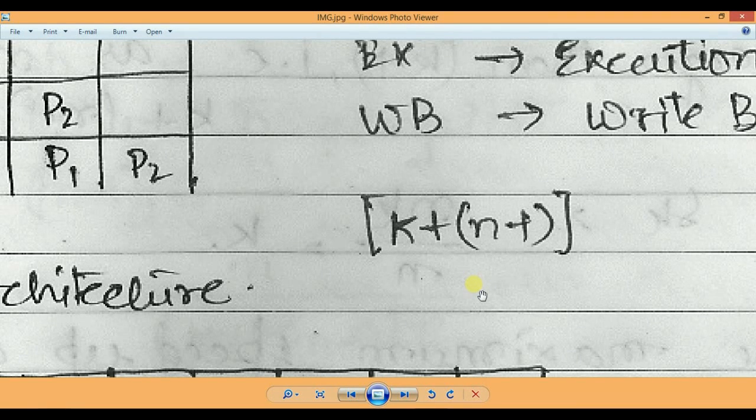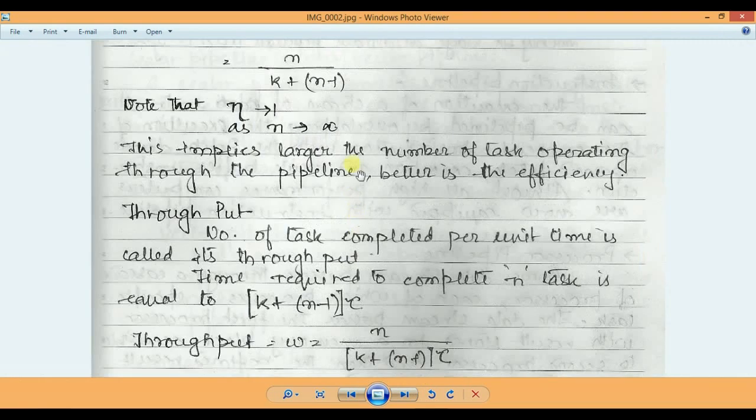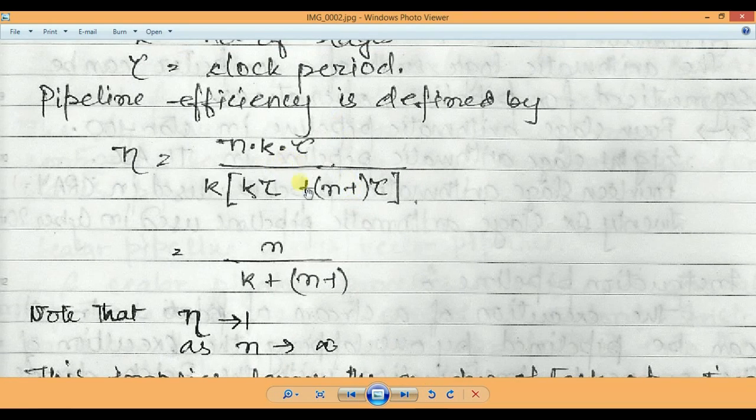So k tau plus n minus 1 tau is the total time taken. So the efficiency is n k tau divided by k tau plus n minus 1 tau.